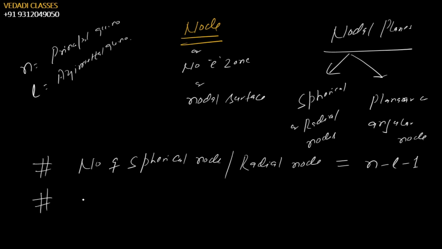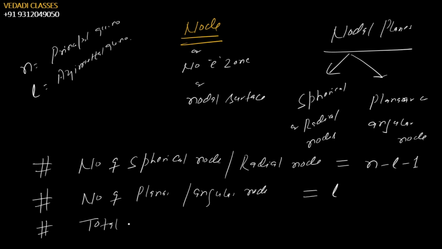Then the number of planar or angular nodes in any orbital is equal to L, the azimuthal quantum number. And the total number of nodes is the sum of these two.